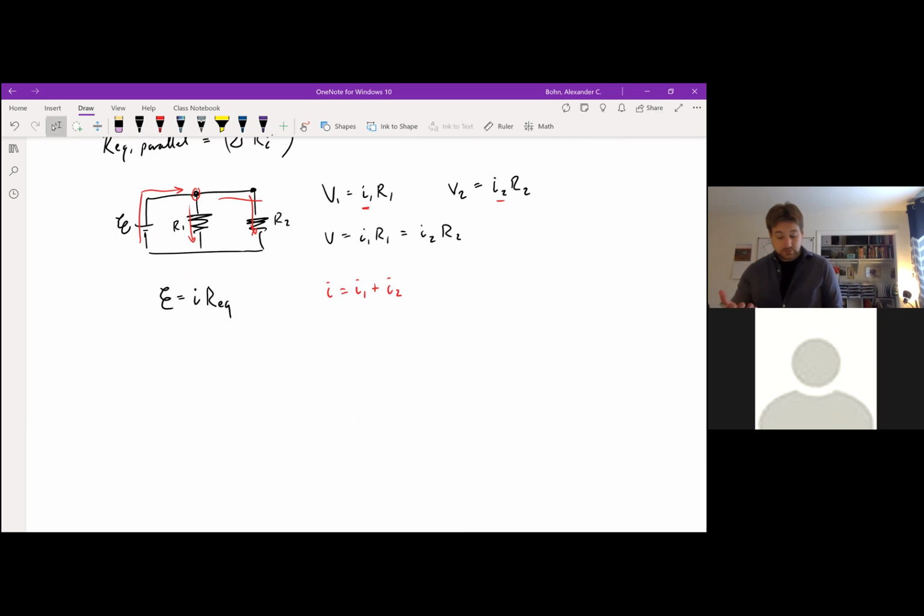Which means these three expressions, if we solve them for I, now the potential difference across the battery and resistor 1 and resistor 2 are all the same. It's the EMF of the battery. This V is actually the EMF.